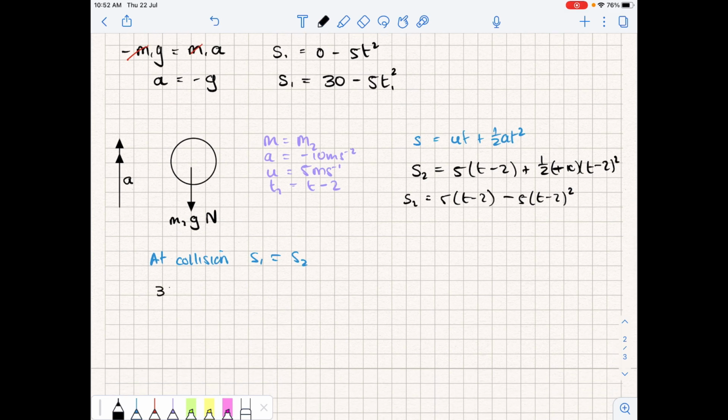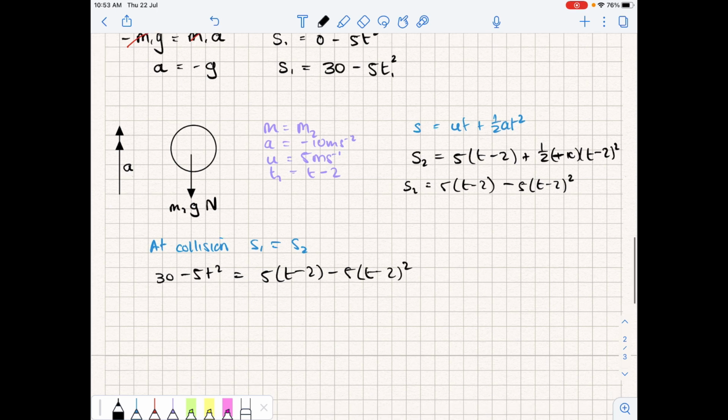We have 30 minus 5t squared equal to 5(t minus 2) minus 5(t minus 2) squared. It's just a matter of expanding things out and solving for t.